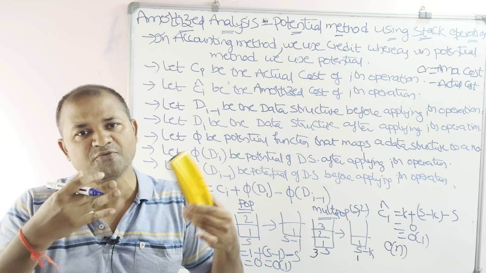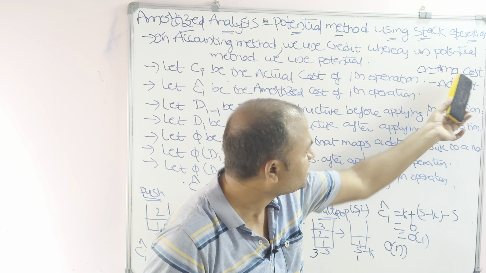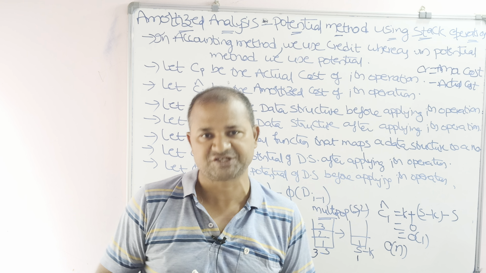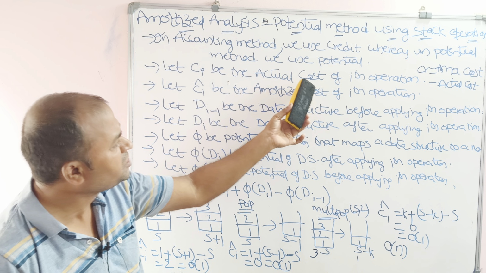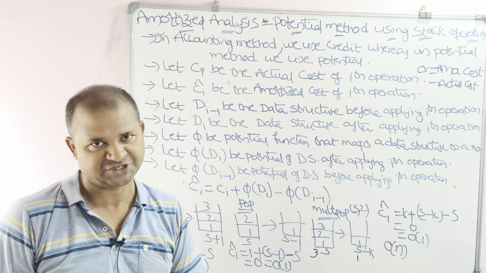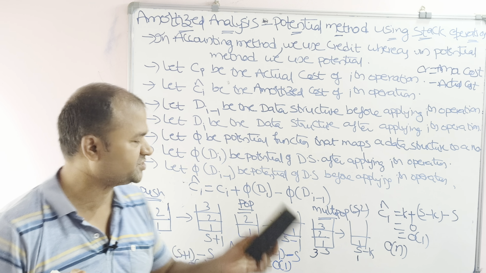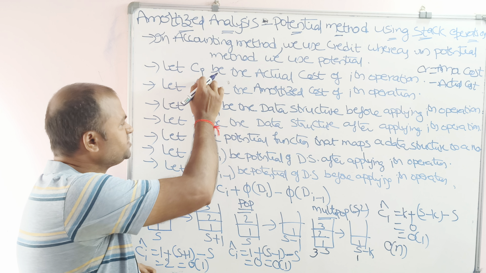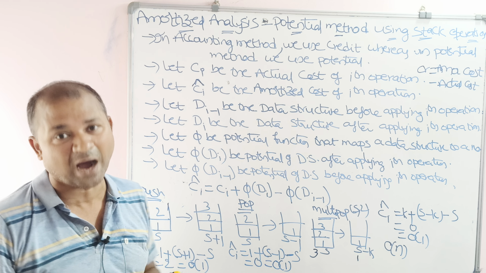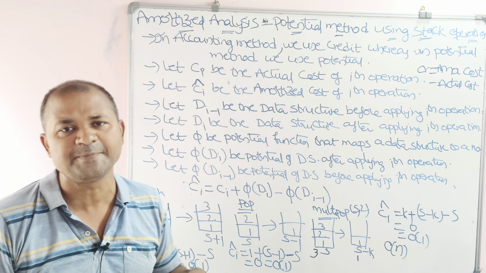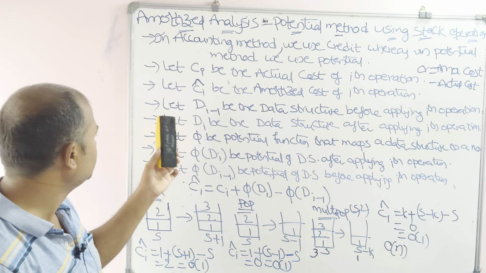We know the formula for credit equals amortized cost minus actual cost. Let Ci be the actual cost of the ith operation. So Ci means the actual cost of the ith operation. Let Ci cap, which we can read as Ci bar, be the amortized cost of the ith operation.